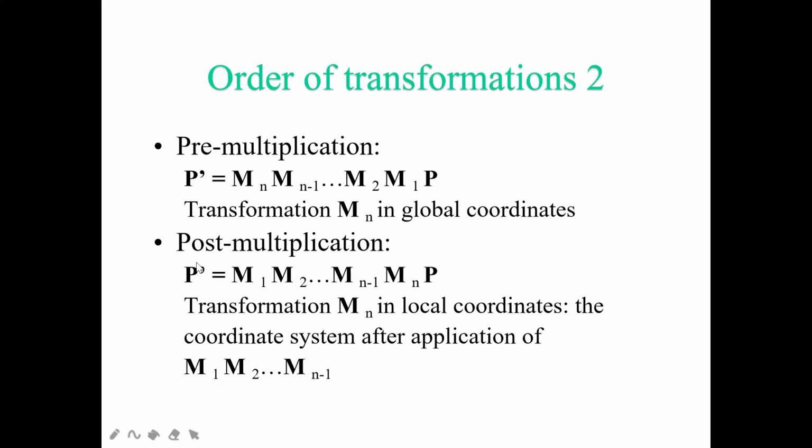But in post-multiplication, I have to consider this m value as your local coordinate system, and then multiply with my initial coordinate value. So here there will be a difference. Here it has started from mn to m1, but here it has started from m1 to mn. This is the difference between your pre-multiplication and post-multiplication.